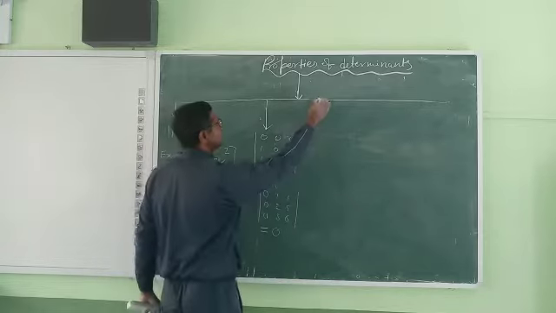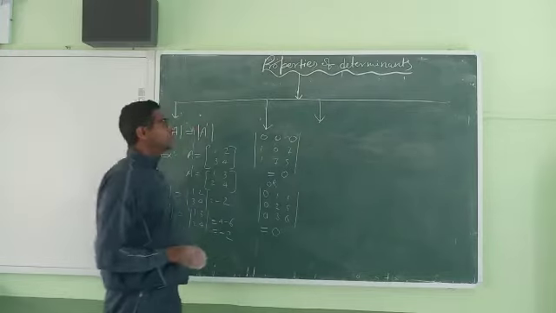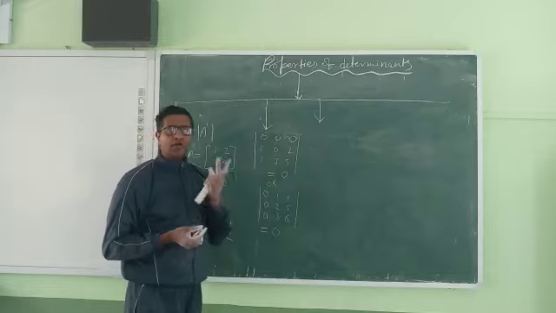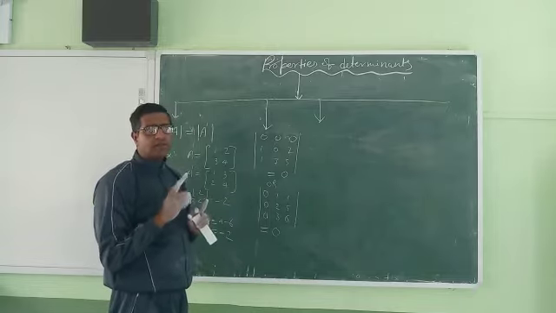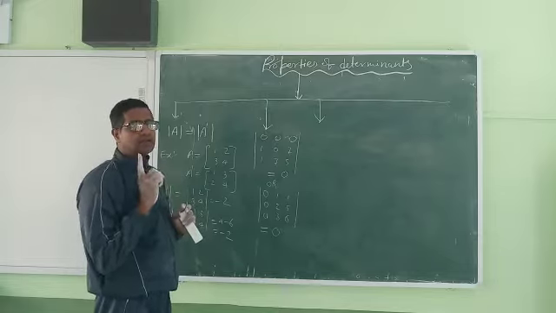Now come to property number 3. In the third property, if any two rows or columns of a determinant are the same, then the value of the determinant will be 0.